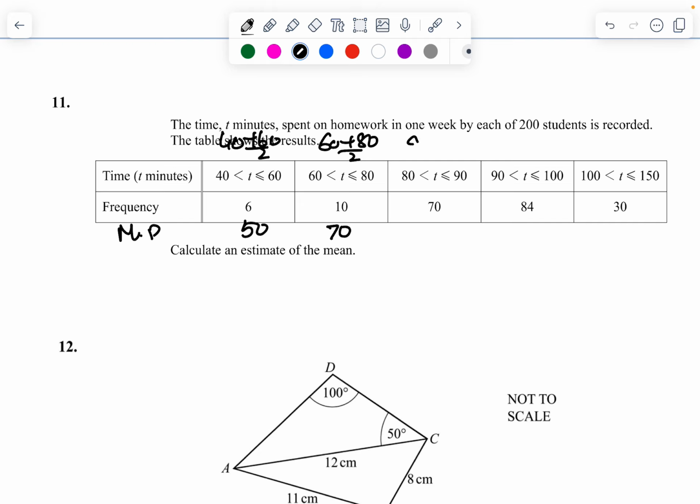It will be (80 plus 90) by 2, which is 85. Then again (90 plus 100) by 2, which is going to be 95.